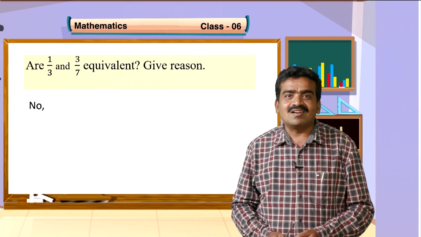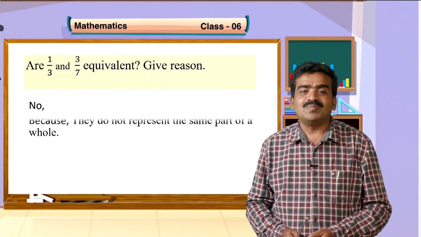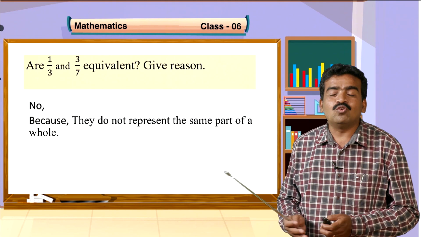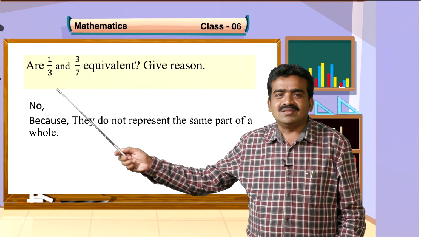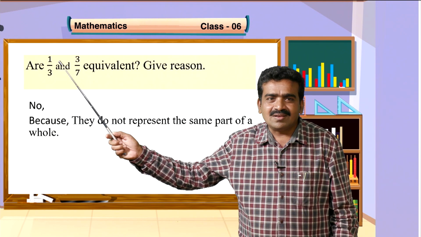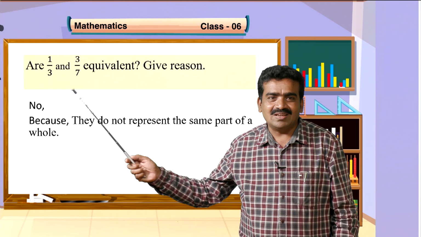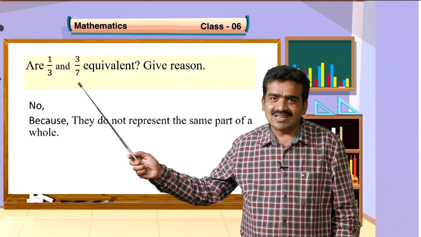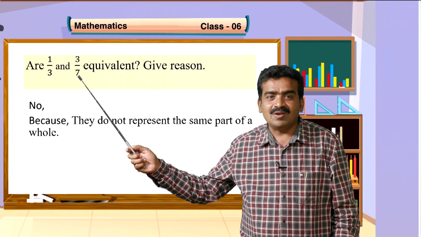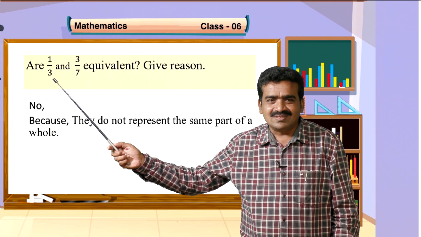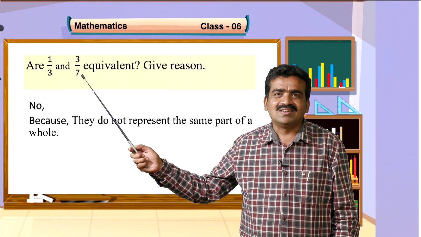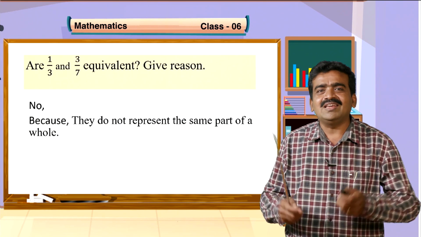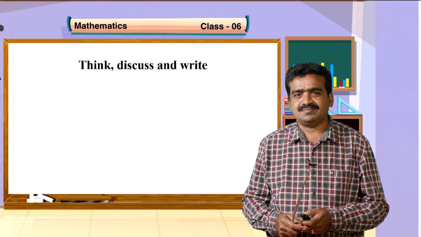No, they are not equivalent fractions because they do not represent the same part of a whole, or the values of the given fractions are not the same. 1 by 3 is already in simplest form, 3 by 7 is already in simplest form. When we compare these two, we will come to know that the values are not the same. Therefore, they are not equivalent fractions.